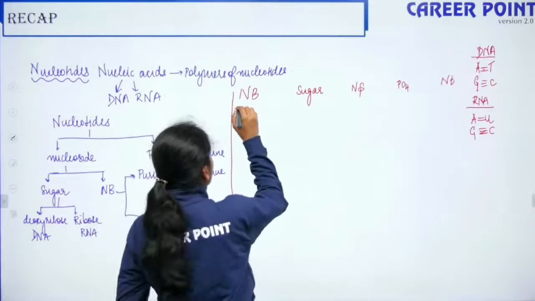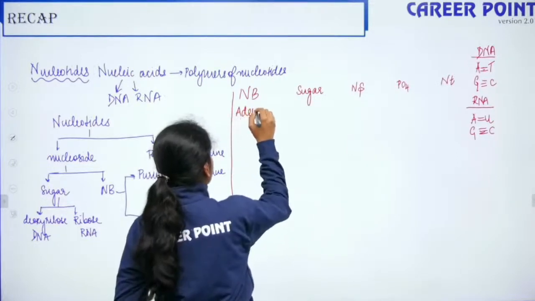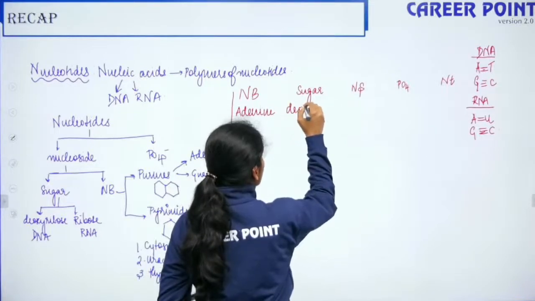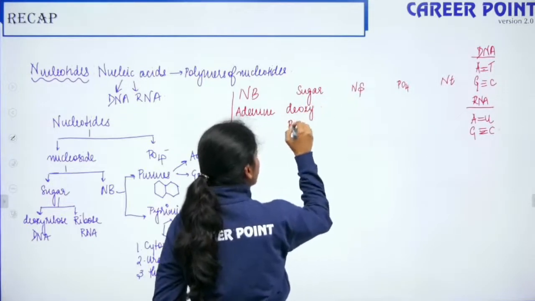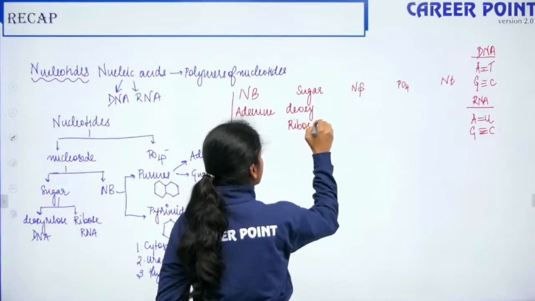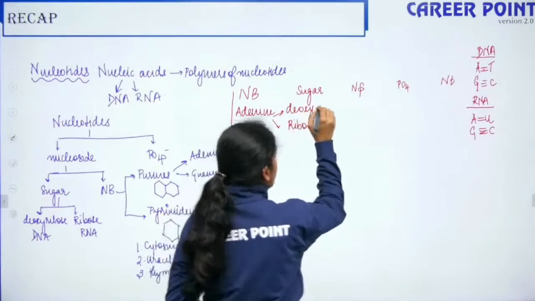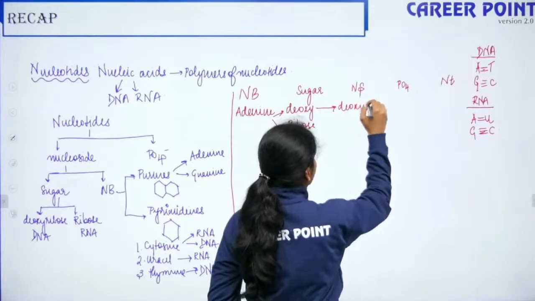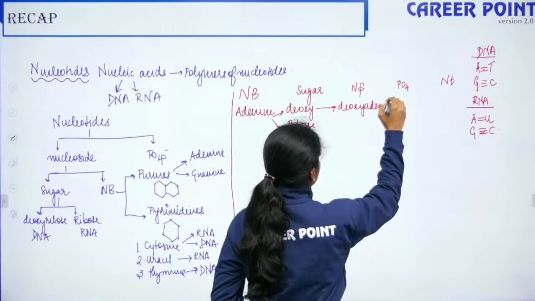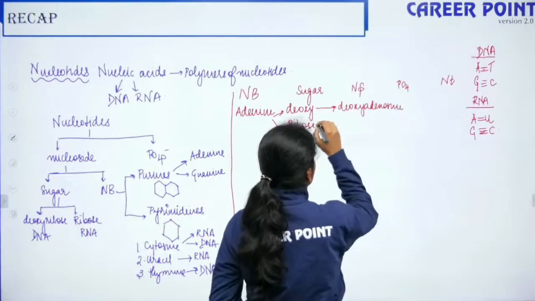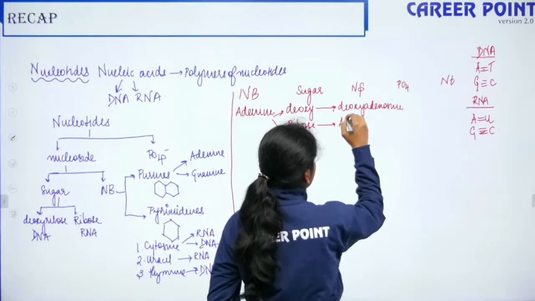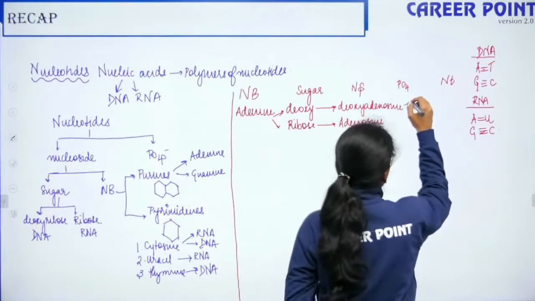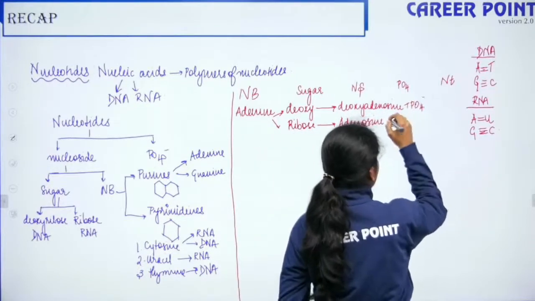The first molecule let's take is adenine. If adenine binds with deoxyribose sugar or simply ribose sugar, what will be the molecule? If it binds with deoxyribose, it is deoxyadenosine. And this is simply adenosine. Now imagine a phosphate group getting added.